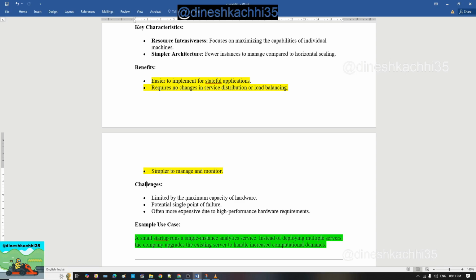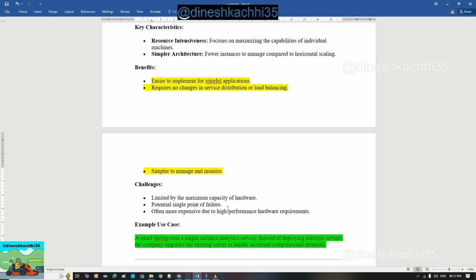For example, if you have one computer with around 8 GB RAM, you increase it to 16 or 32 GB, right? But after some time, even if you increase to 128 GB RAM, it will not work. So this we call the capacity of hardware, and the potential single point of failure. This is a very challenging point. For example, whatever you are adding on a single server.